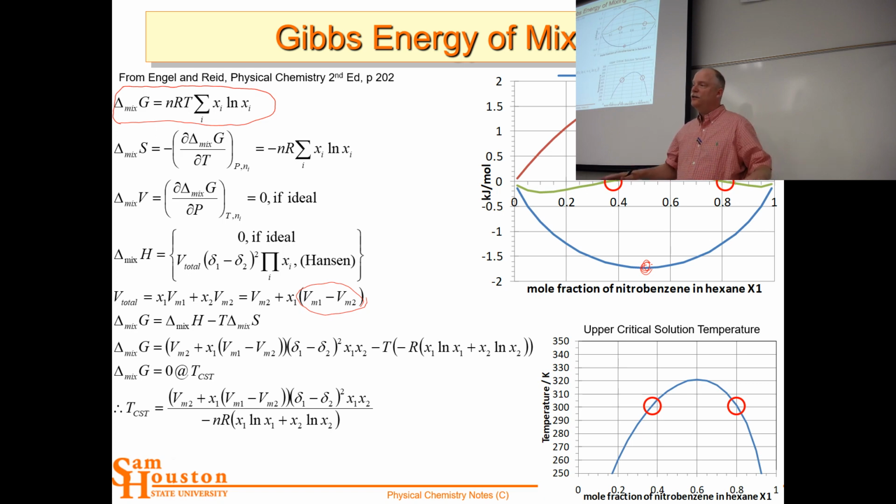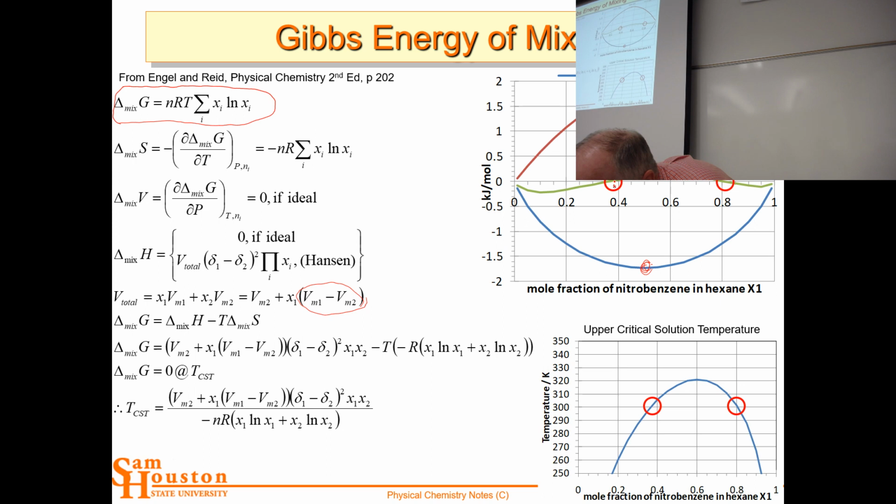When you have negative delta G of mixing, they mix. When you have a positive delta G of mixing, they don't mix. So you have phase separation. When you have delta G of 0, that's equilibrium. So you have equal rates of hexane going into nitrobenzene and nitrobenzene going into hexane.